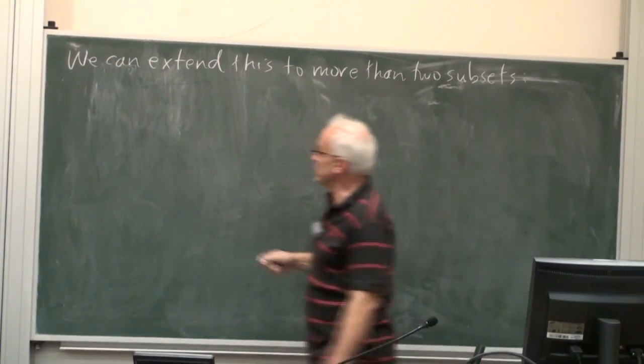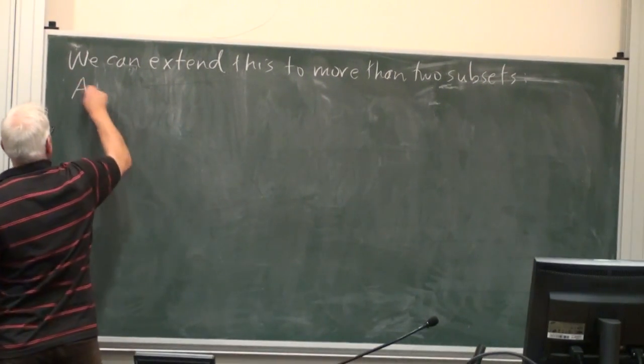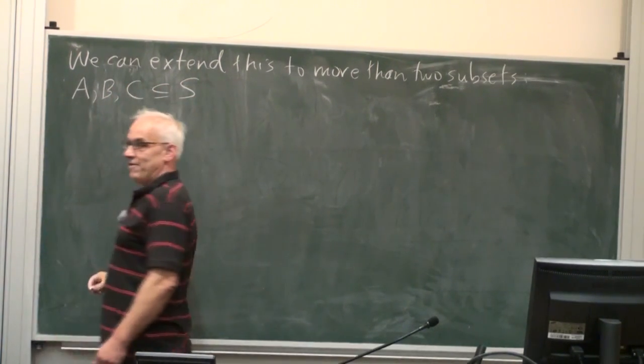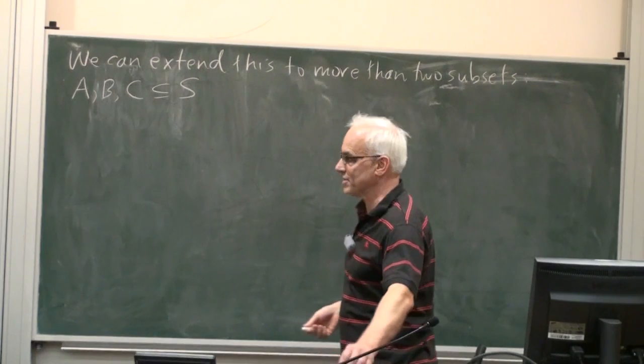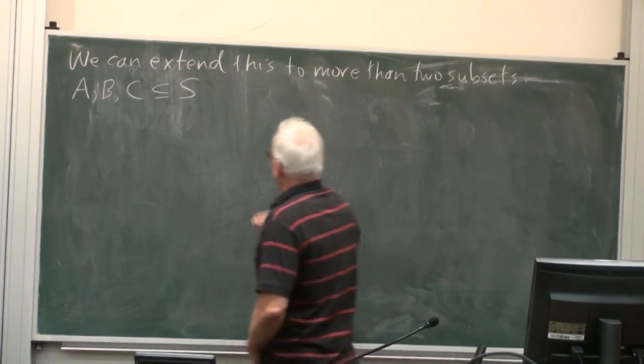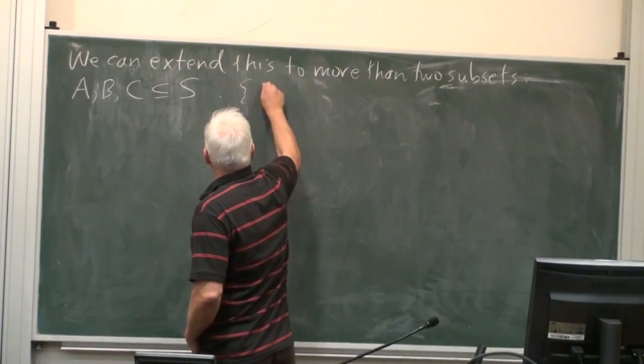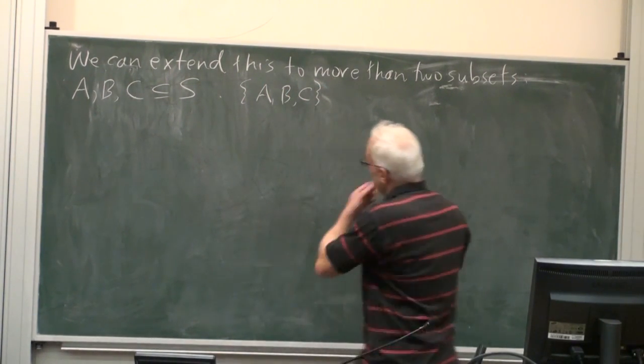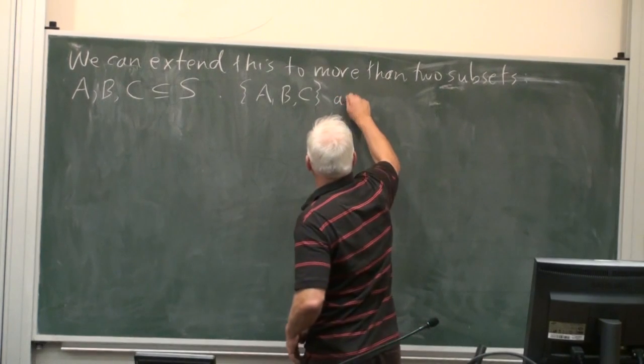So for example, suppose A, B, and C are all events inside our sample space. We would say that the set of events A, B, C are mutually independent.